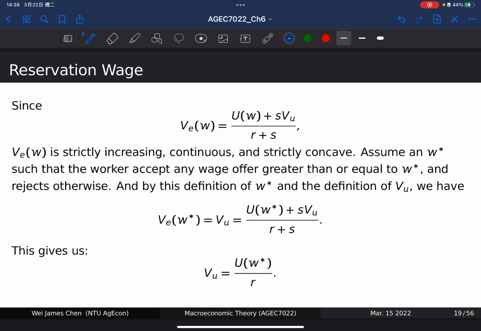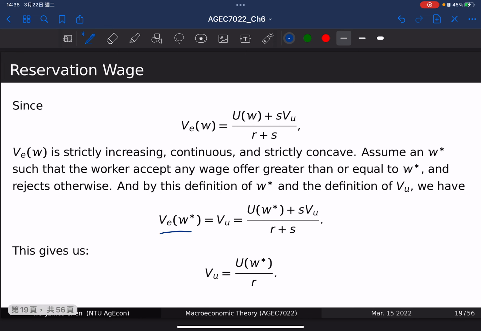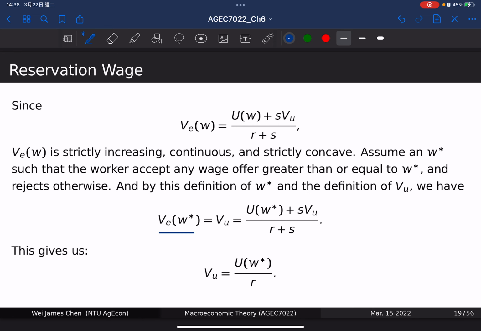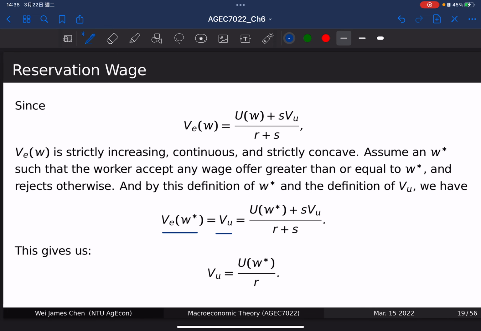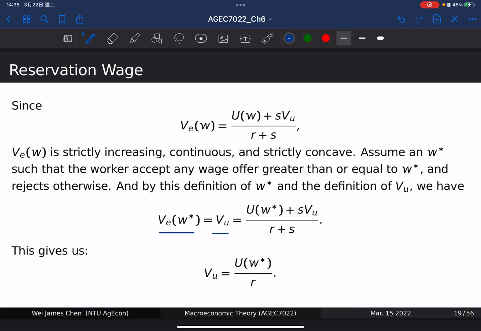By that definition, it must be the case that VE of W star equals VU. This is employed at the wage W star, this is the unemployed value, and these two values should equal each other. This is by definition what W star means. And by that definition, I know VU equals this, and then we can arrive at this.